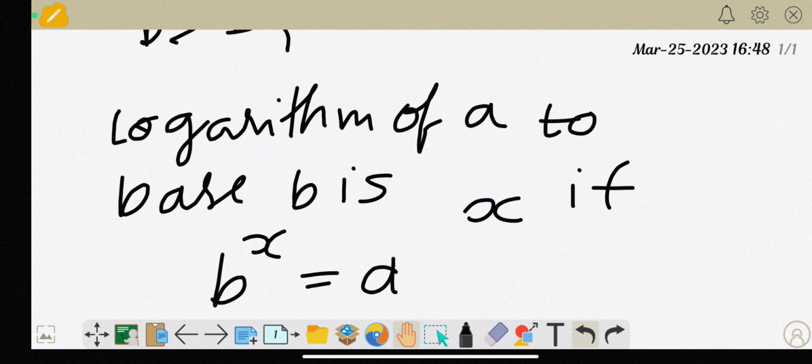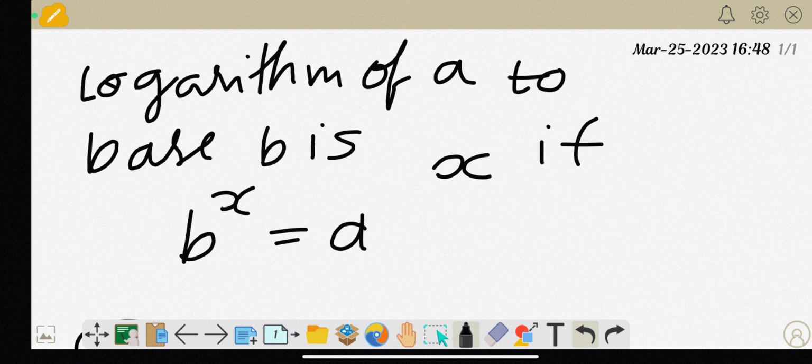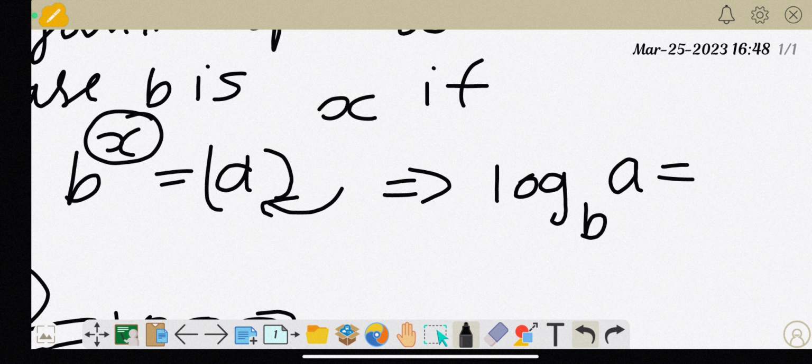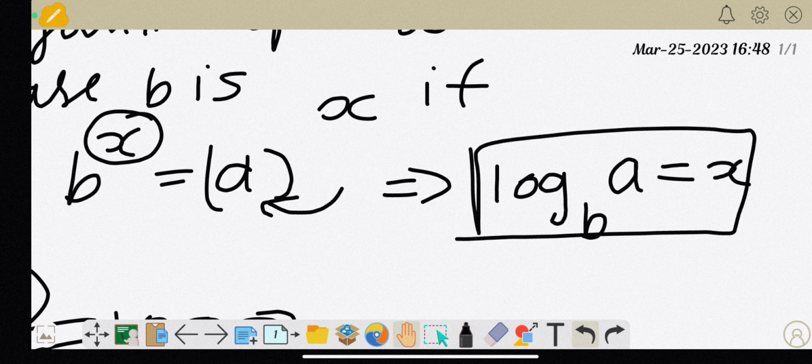So if you apply log to a, what will you get? You will get the power as your answer. The same thing can be written as log base b of a is equal to x. This is the definition of log.